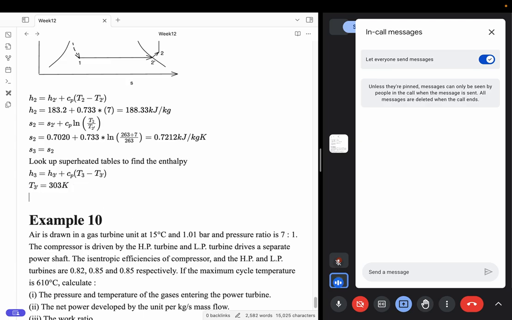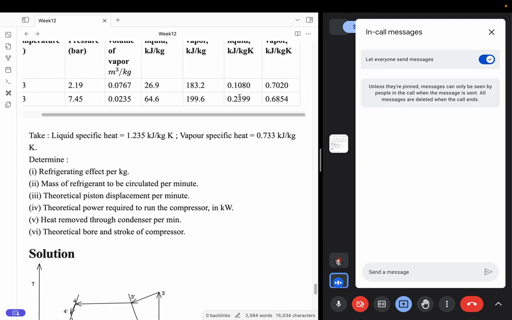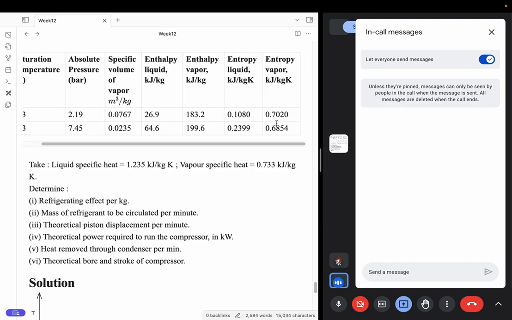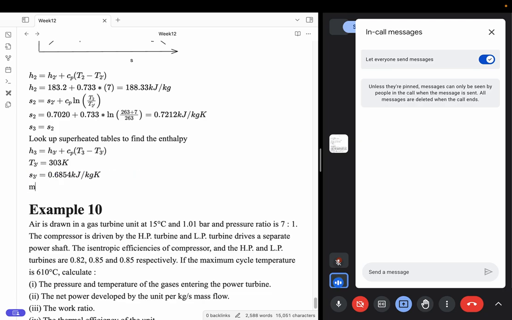But I don't know the T3 value. So how do I calculate T3? Again, we follow the same logic. S3 prime is the saturated vapor entropy, 0.6854.